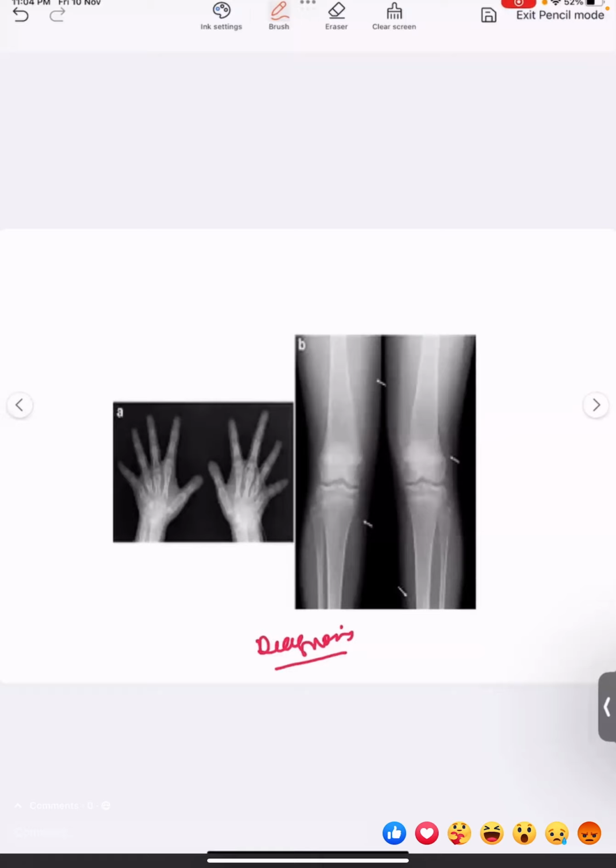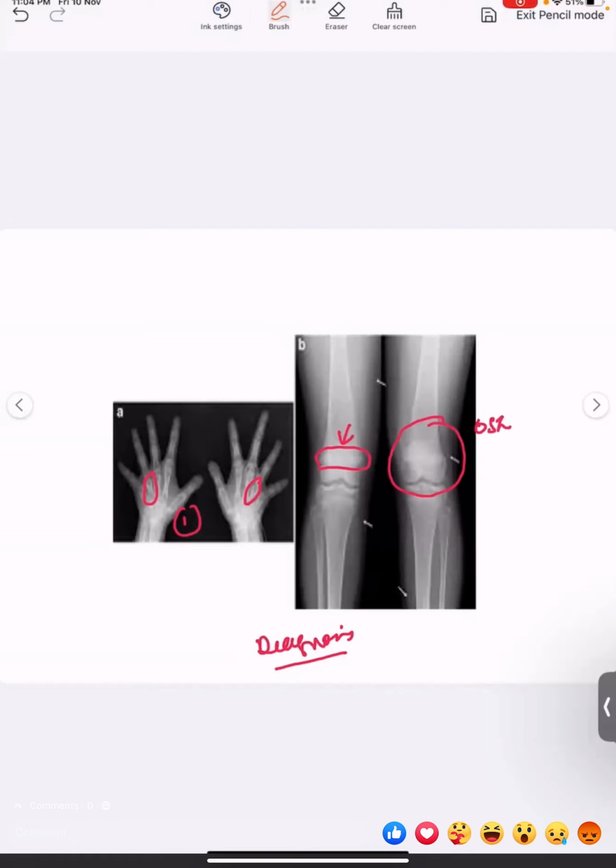Here you have the short fourth metacarpal, number one, and this is the lesion which is your pseudohypoparathyroidism, that is your calcified lines. Okay, this is not the osteolytic lesions.